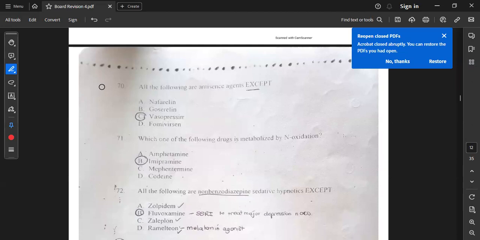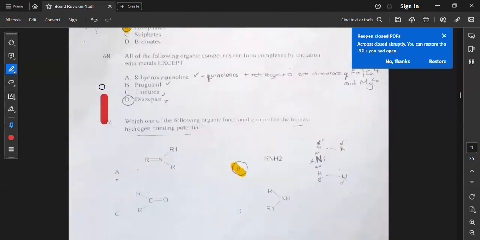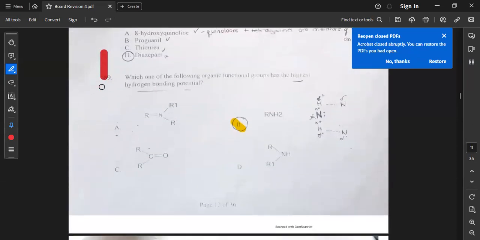Black Panther is saying that anything with a double bond should be out because it is unsaturated. So any compound that has a double bond with oxygen or nitrogen can't form any hydrogen bonds.